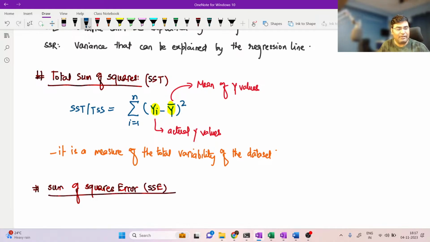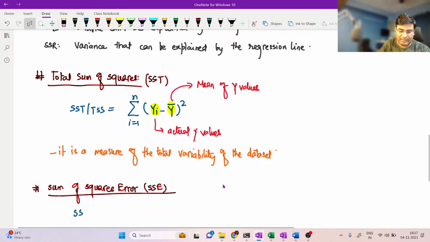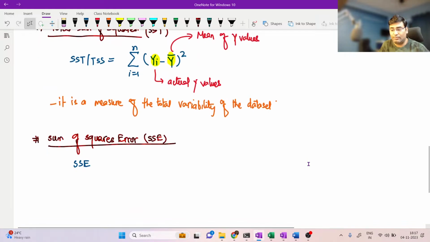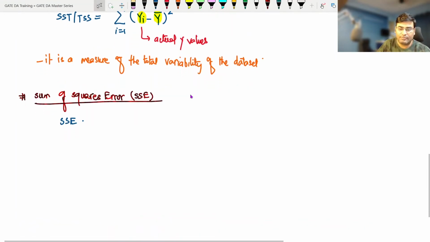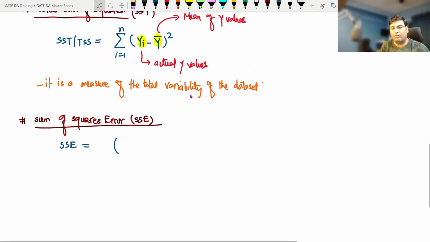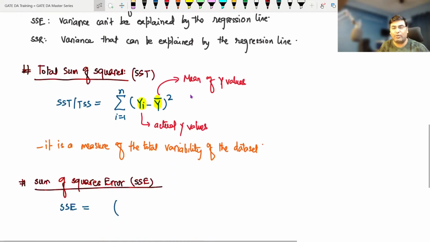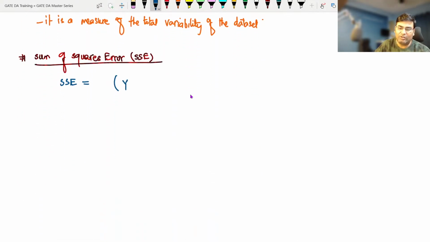If you look at the mathematical formulation for this one, the formula says SSE equal to the sum of yi minus yi hat, squared. Even if you do yi hat minus yi, it doesn't change because there's a square there, right? So you're not worried about the sign as much. You will be when there is no square.